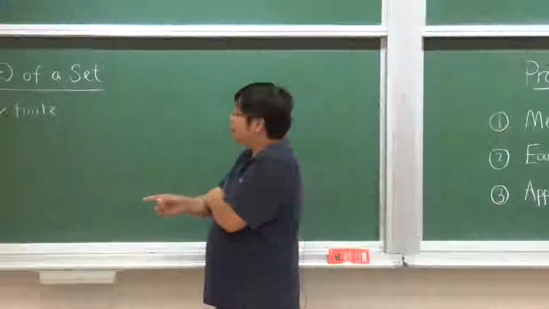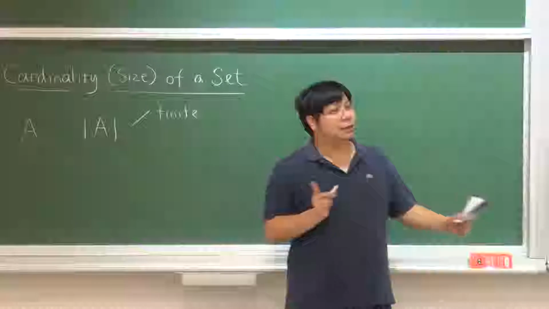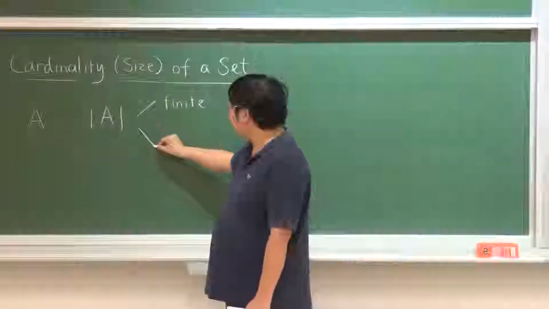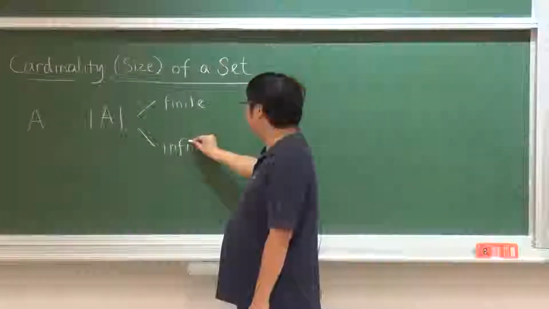Then we call it a finite set. So if the size of a set is finite, then it is a finite set. On the other hand, if a set is infinite, then we call it an infinite set.